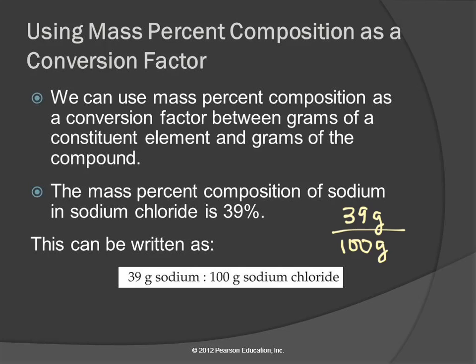That's what percent literally means. So anytime you see a percentage like this, you could write it like this and use it as a conversion factor. Here they've written it out as a ratio. 39 grams of sodium to 100 grams of sodium chloride. If you have 100 people and 75% are boys, then you have 75 boys for every 100 people, right?